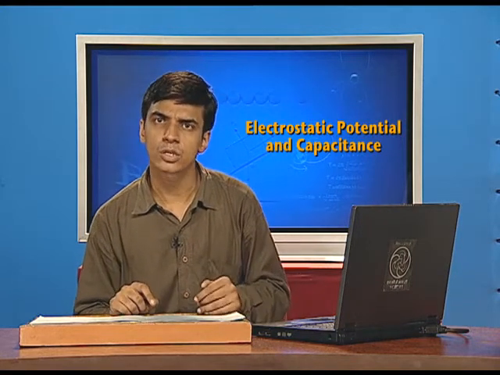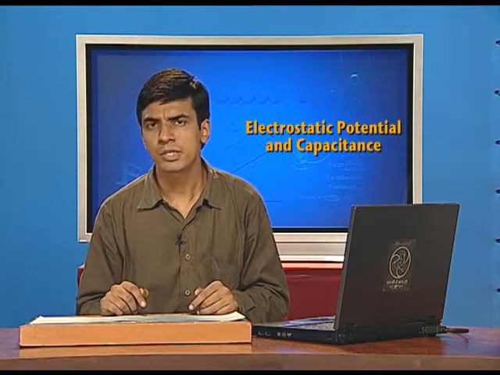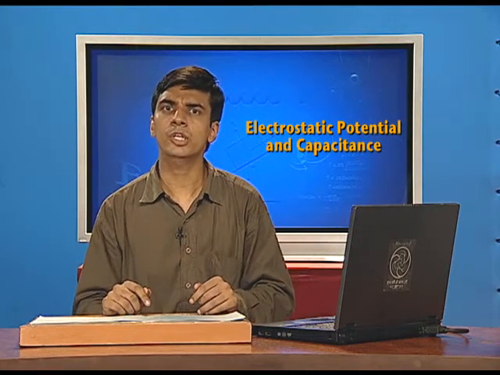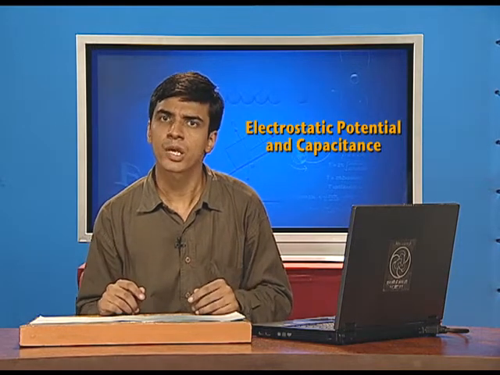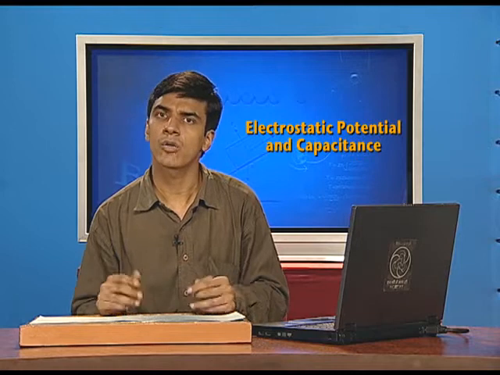In this episode, we shall be going deeper into this concept. We shall be discussing what the potential due to a positive charge is, and how we can see the same effect in the case of a dipole.